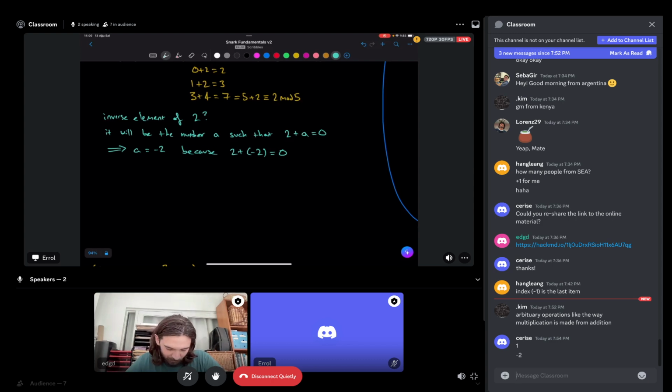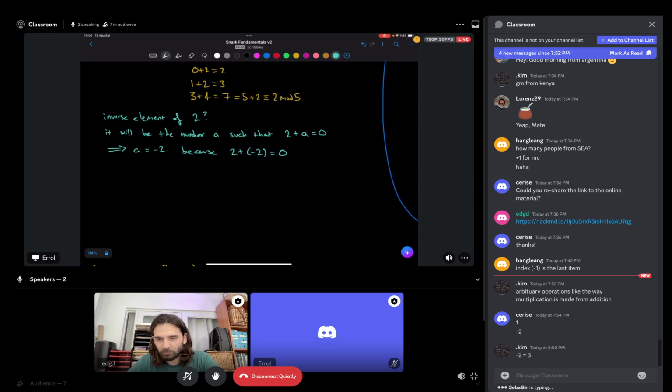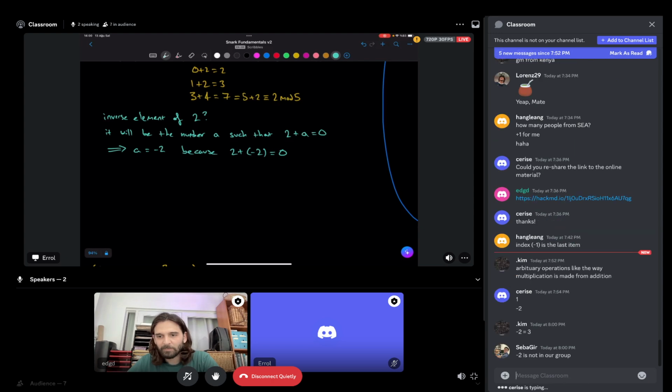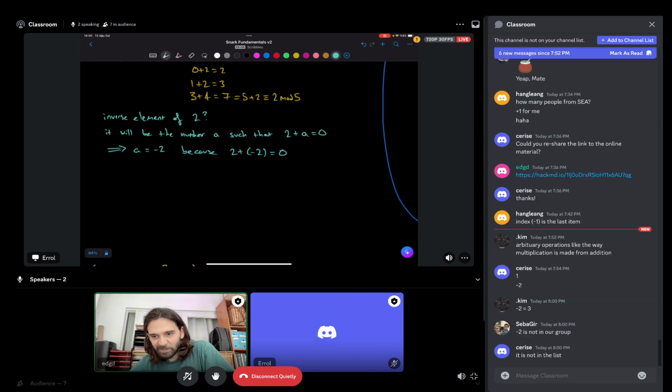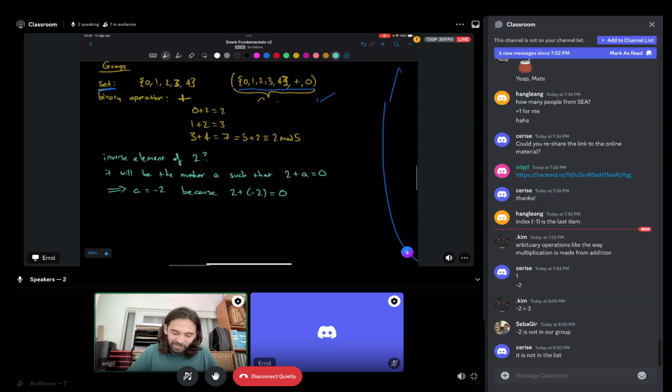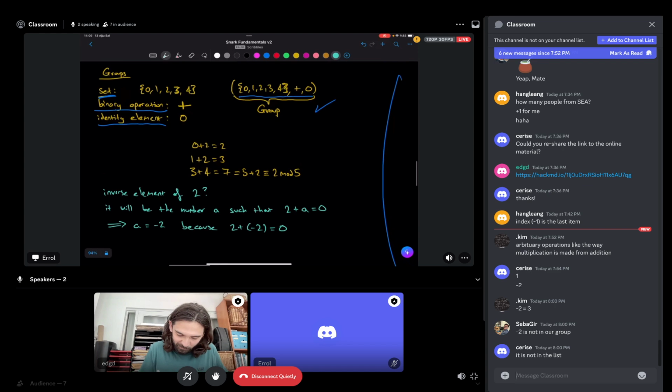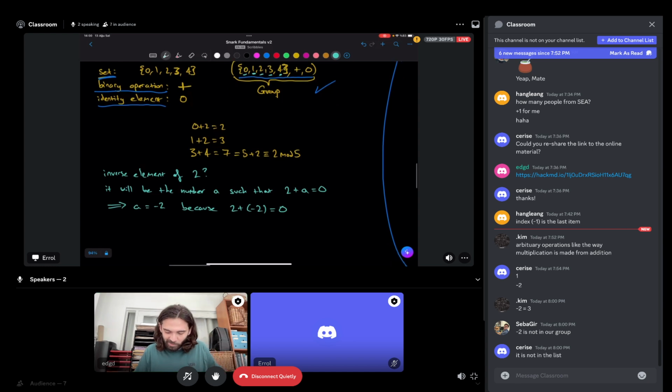Okay. But this does leave us a little problem. Can anybody identify what the little problem is if we use -2 as our inverse element? Yeah. As you've noted, -2 isn't in our set of numbers. We've got 0, 1, 2, 3, and 4. So we can't use -2.